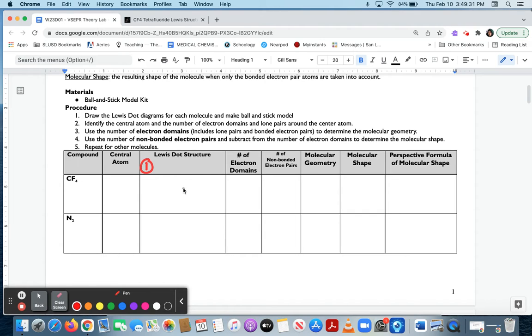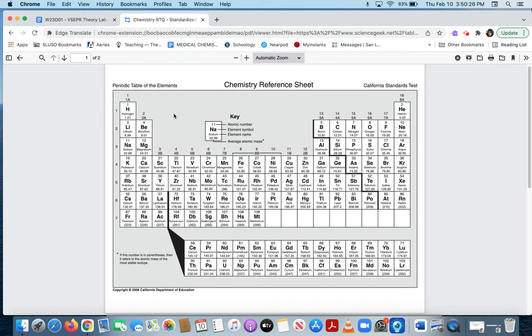So recall that to identify the Lewis dot structure, we're going to need the periodic table. And for those of you at home, feel free to use any type of periodic table. I just have a digital version of this one here. You can find this version by Google searching CST periodic table.